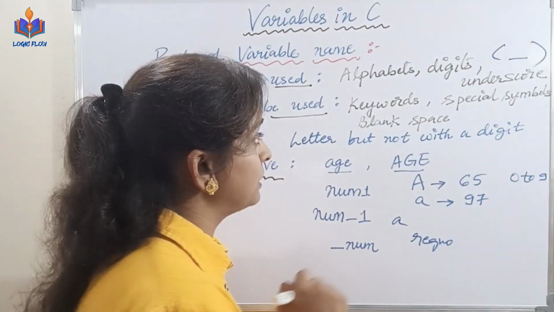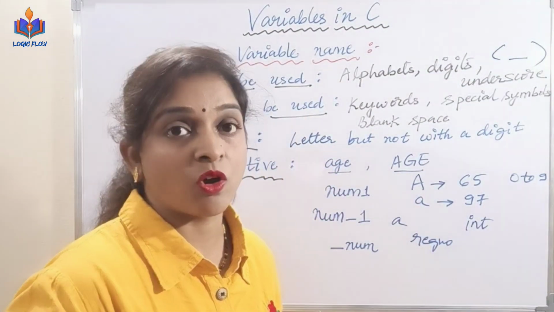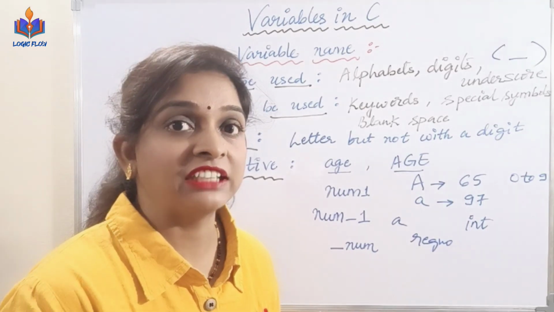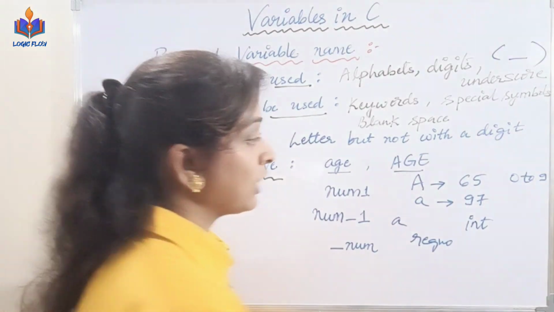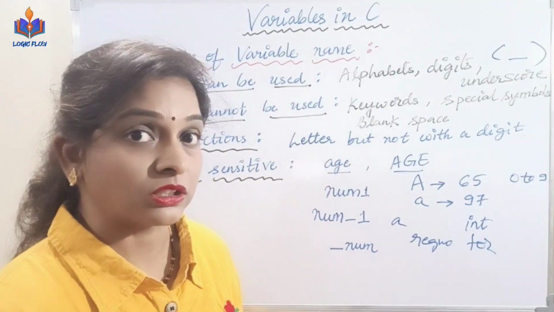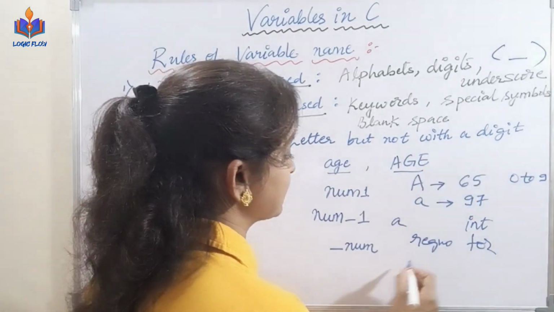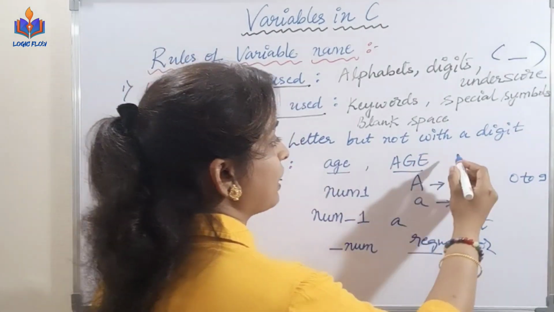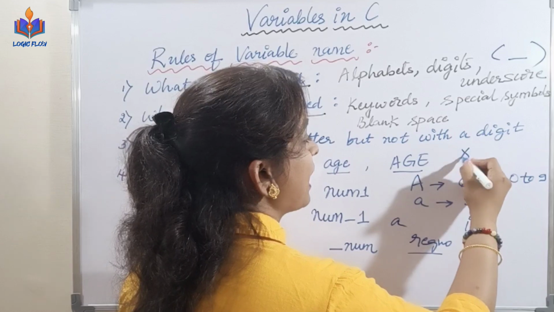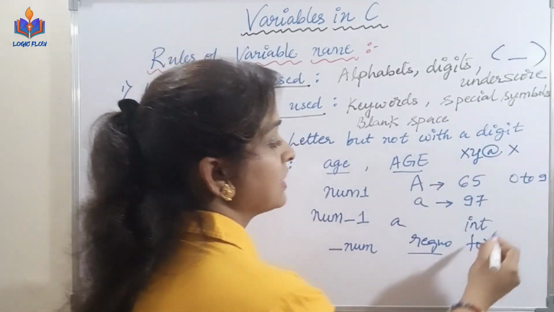Keywords, special symbols, and blank space cannot be used. For example, I cannot have the keyword int as the variable name because it is a keyword to specify the data type integer. I cannot make use of the keyword for because it is a keyword for the looping construct. Special symbols: I cannot have a variable name like xy@rate.